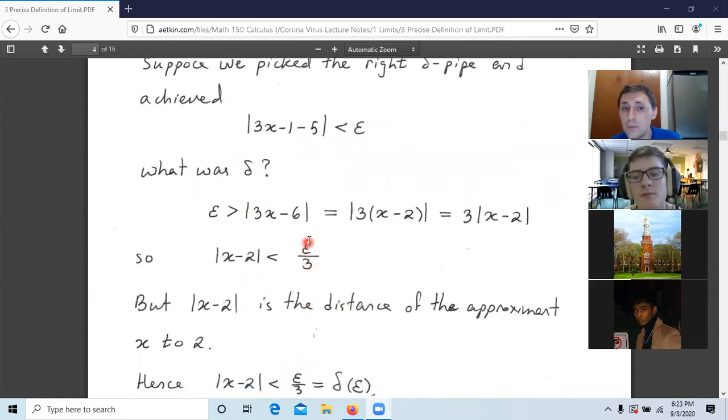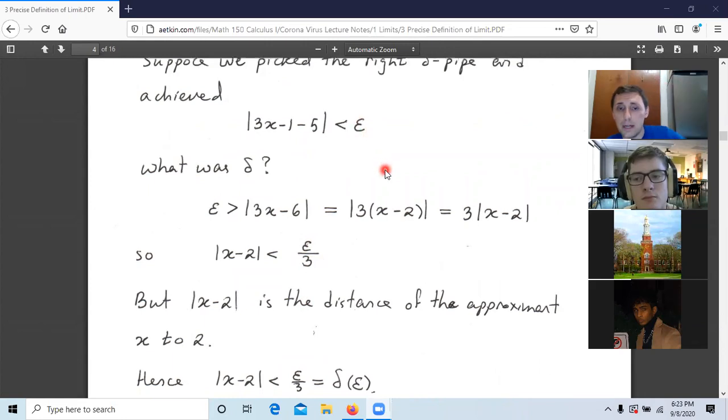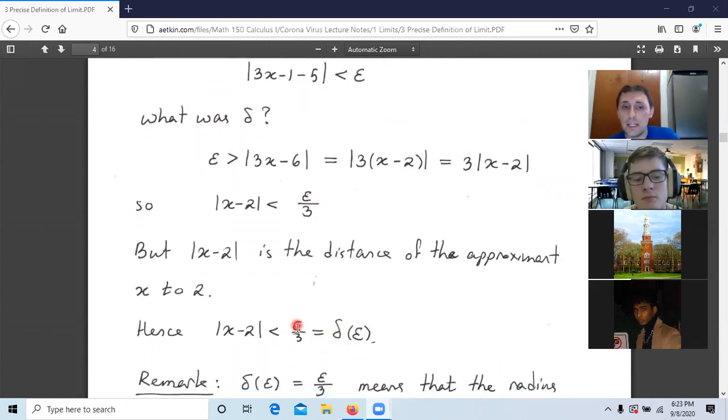So I can take this to be my delta. So if epsilon is my radius for the target pipe, delta of epsilon can be taken to be, in this case, epsilon over 3. What does it mean in terms of the relationships? You see, so this tells me what? In order to hit within a pipe of radius epsilon, how much must I narrow the input pipe to accomplish that?